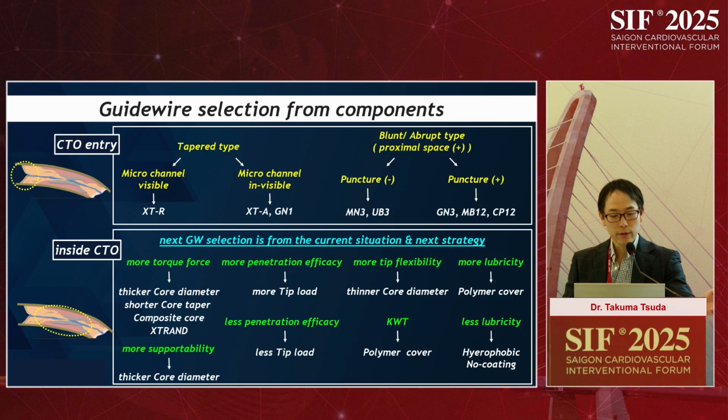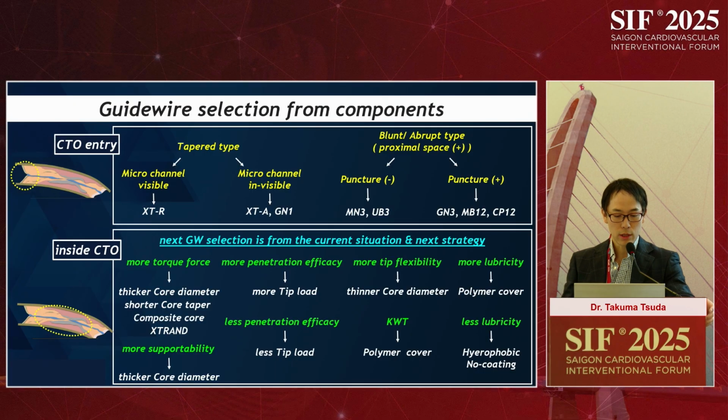But after that, if the first guide wire failed for some reason, the next guide wire should be selected. In this type of situation, we have to consider why the primary guide wire failed.